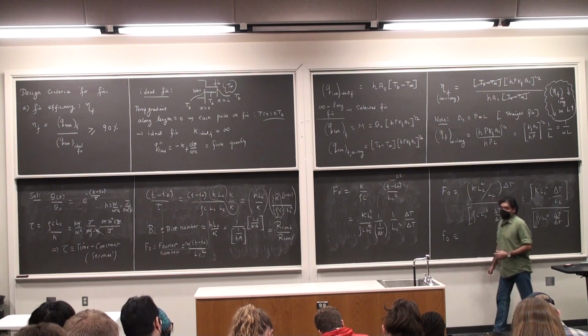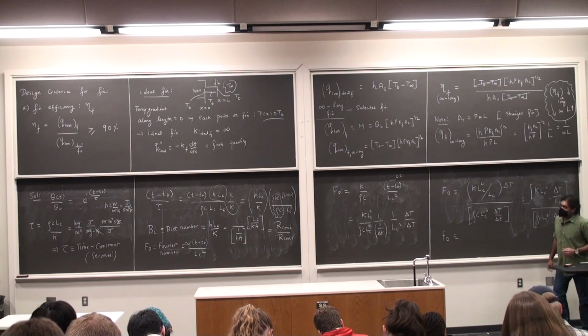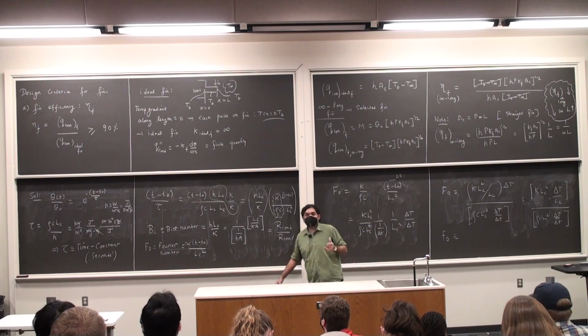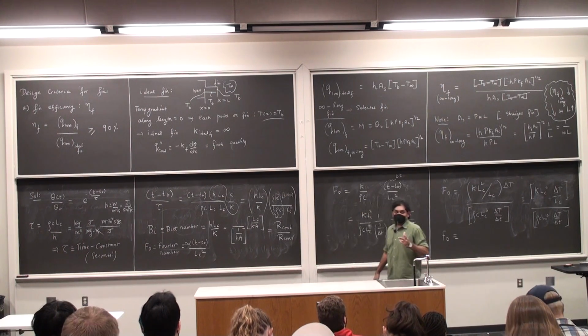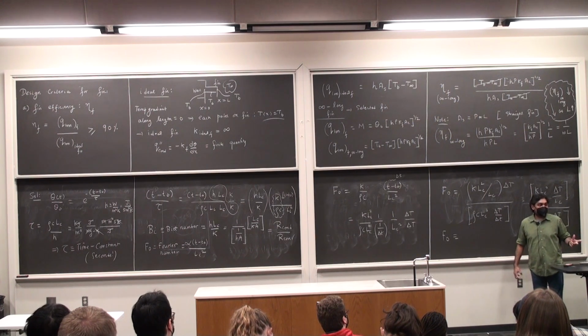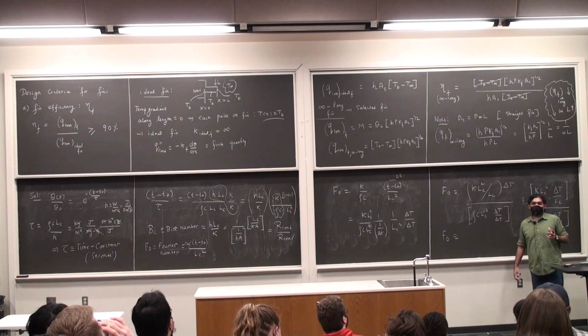this is a lot to digest. What I want you to take away is that I have these two creatures, the Biot number and the Fourier number. The combination of these two decides whether the problem can be handled as a zero-dimensional problem or a one-dimensional problem. Okay?